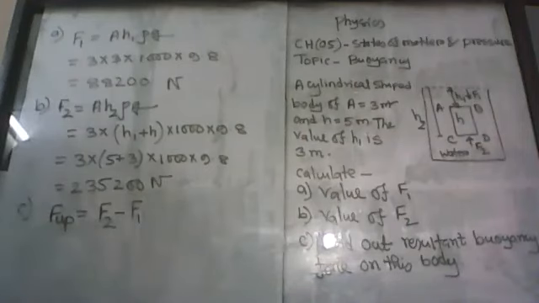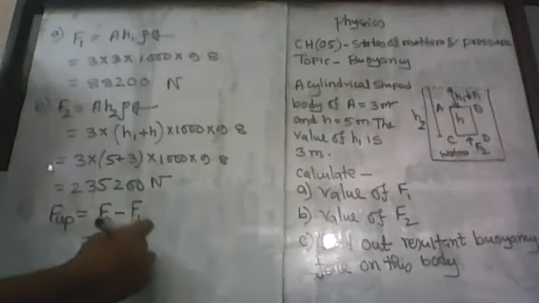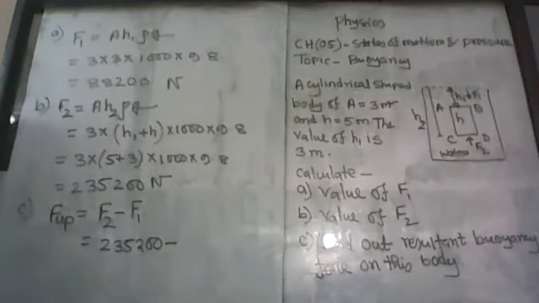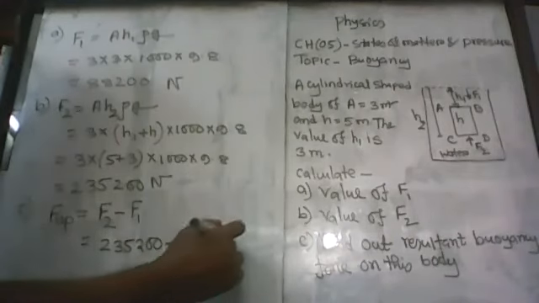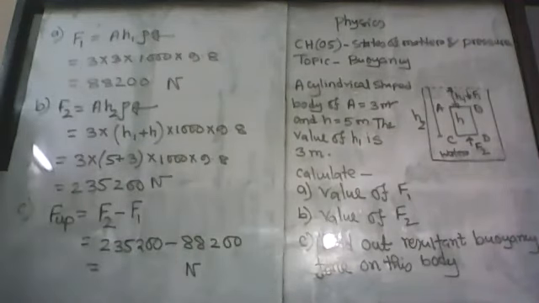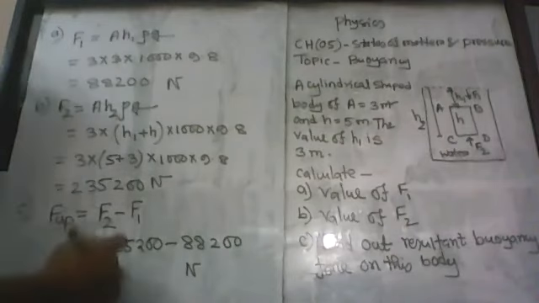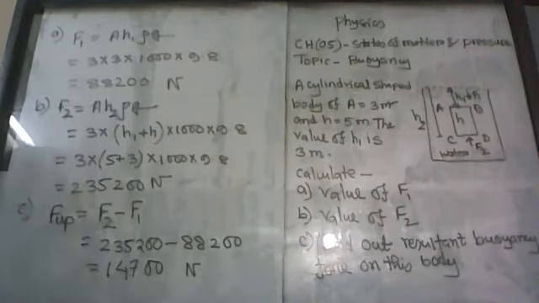Here, F2 equal to 2,35,200 minus F1 equal to 88,200. So the resultant force is F equal to 2,35,200 minus 88,200, which is 1,47,000 Newton. This is the resultant buoyancy force that is applied on this body.